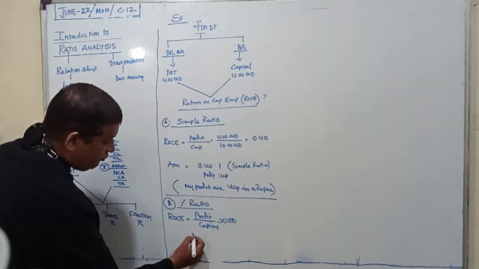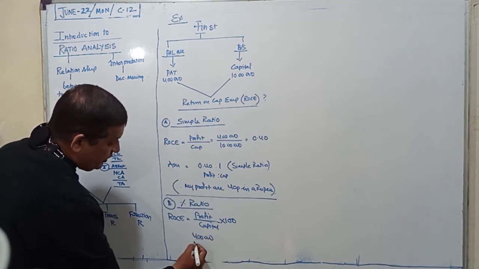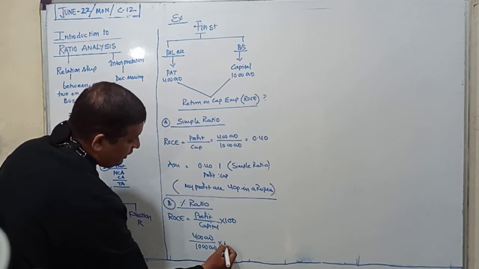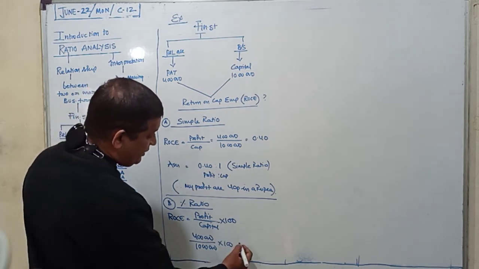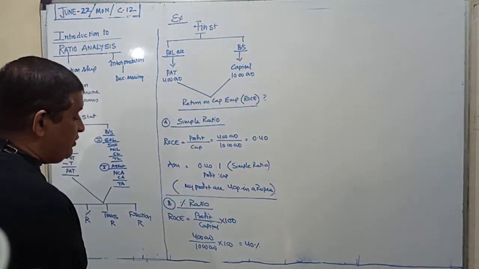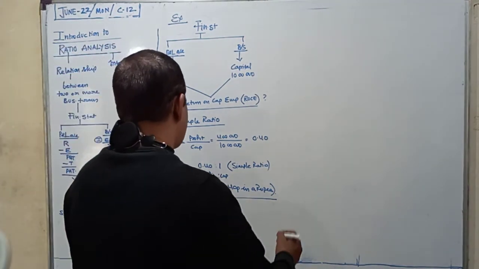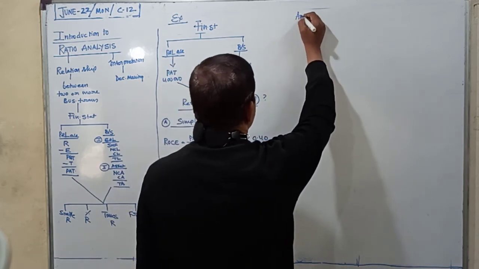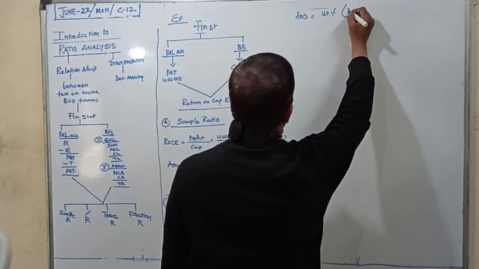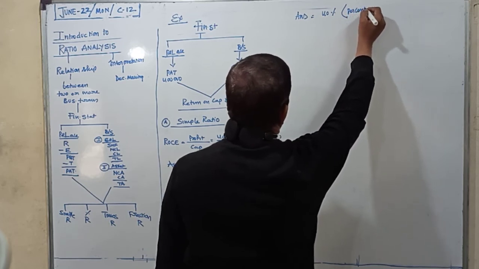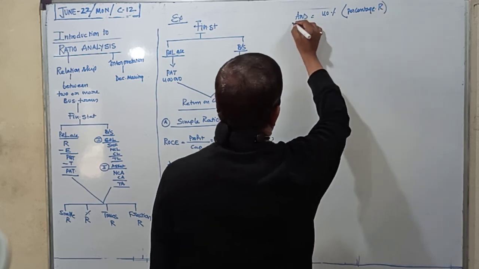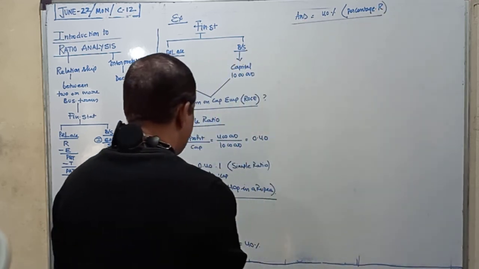It will be 4 lakhs divided by 10 lakhs into 100, and my answer would be 40%. This is a percentage ratio.